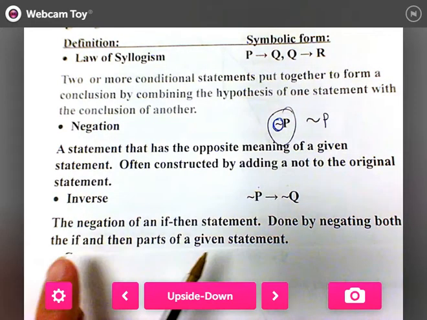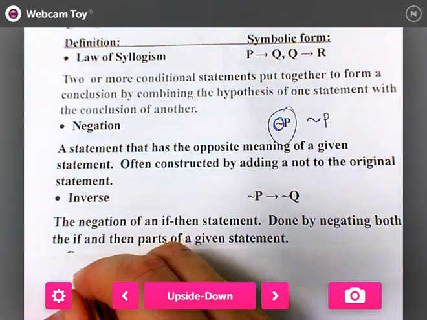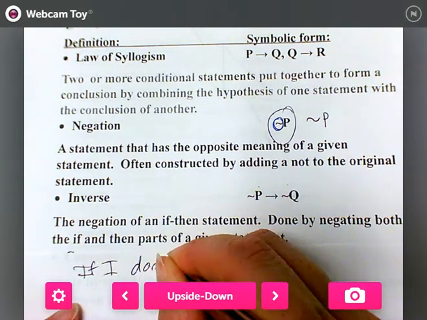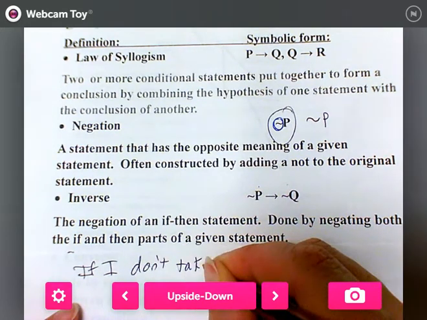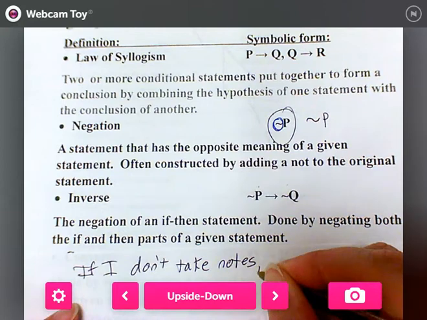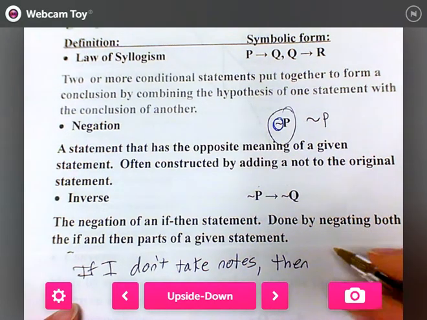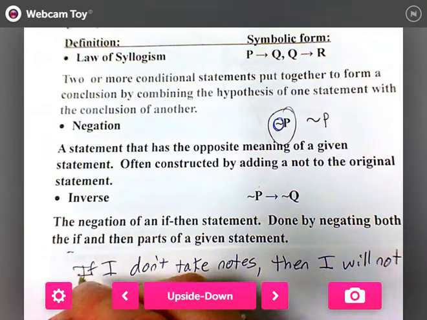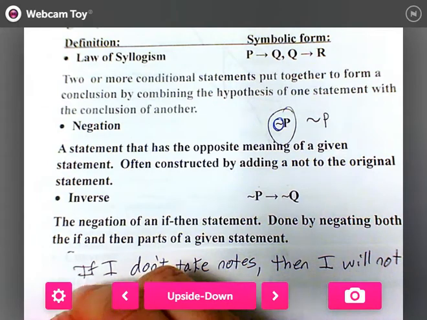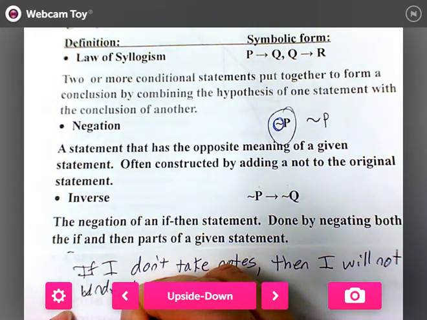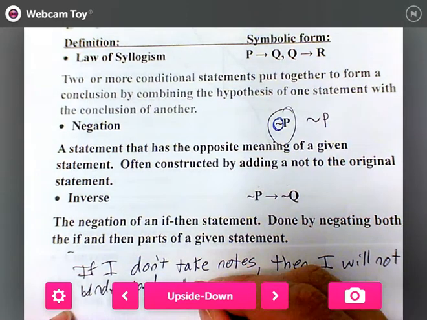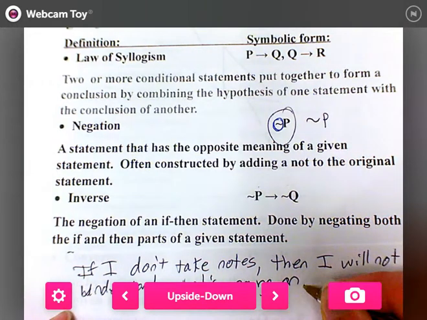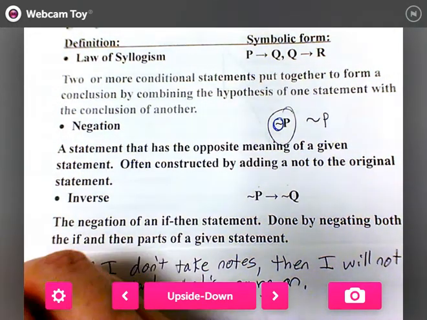Once you have that written down, you're going to write: if I don't take notes, then I will not understand what's going on. Okay, and this is an inverse.